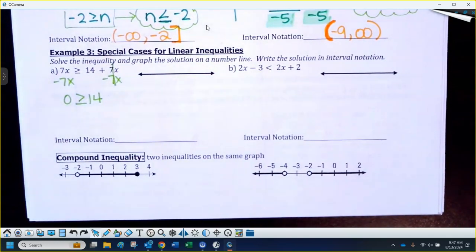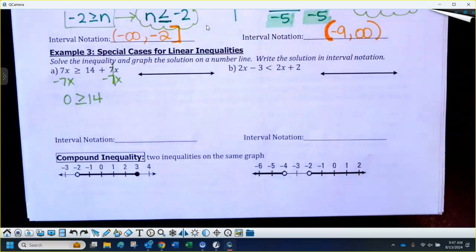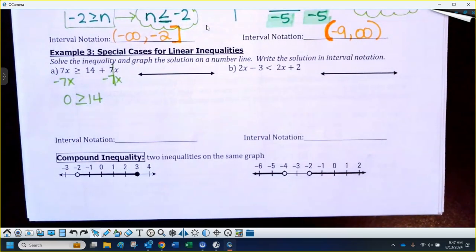So then you have to ask yourself, I've got no variable here, so I don't have a range of solutions. What do you think about that inequality? True or false? False, right? 0 is not equal to 14, and 0 is not bigger than 14, so it doesn't fit either requirement.